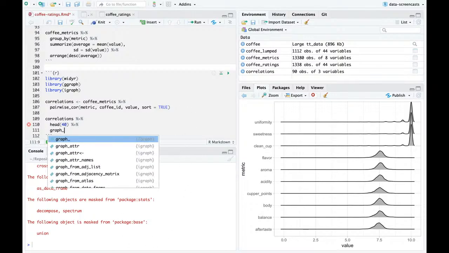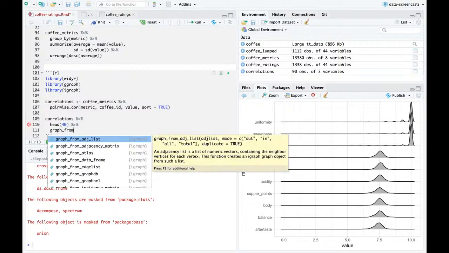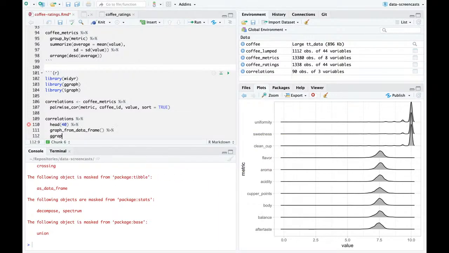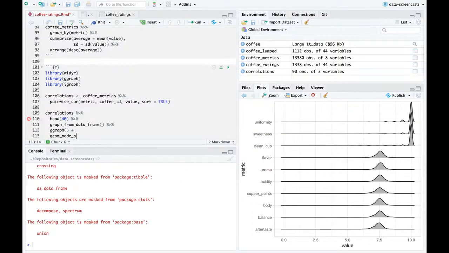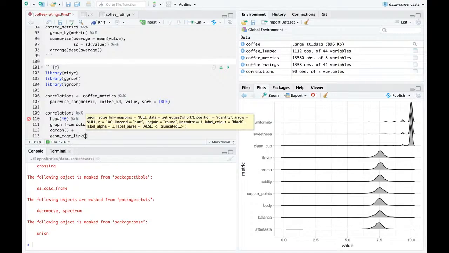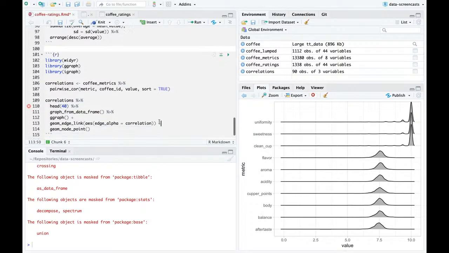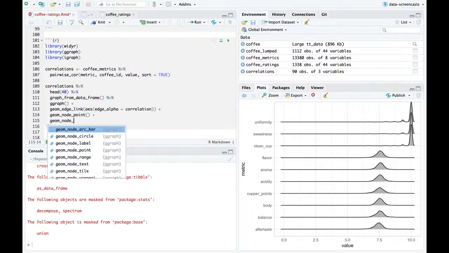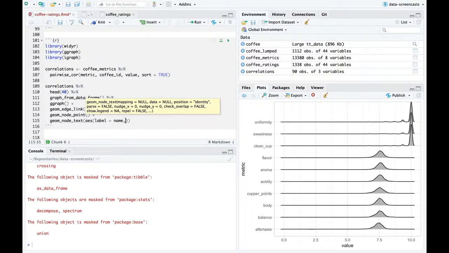What I can do is say graph from data frame, ggraph, geom node point, then a geom edge link, edge alpha equals correlation, I think that's right, and then geom node text, label is name, and repel equals true.